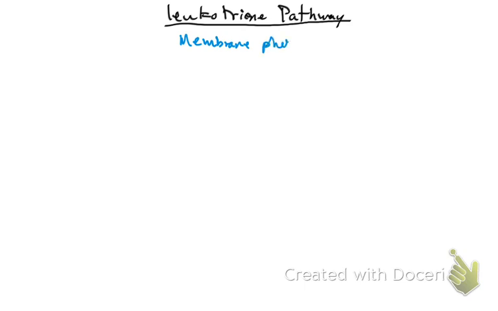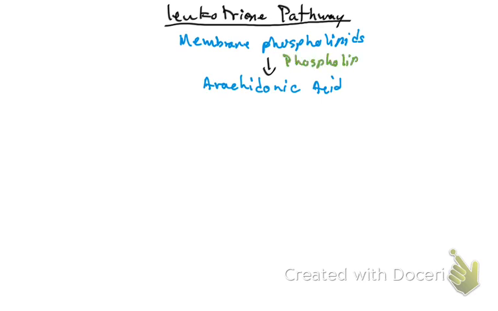Membrane phospholipids go to arachidonic acid, which we already learned. Do you remember the enzyme that is going to convert your membrane phospholipid to arachidonic acid? Yes, you are right. It's phospholipase A2.